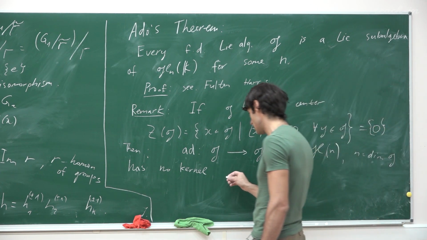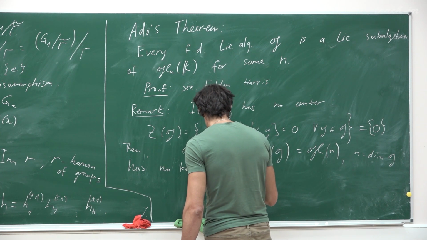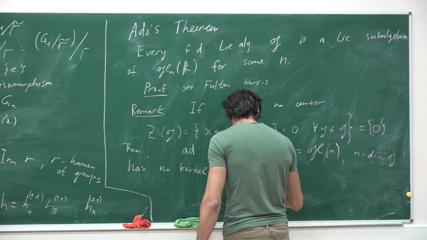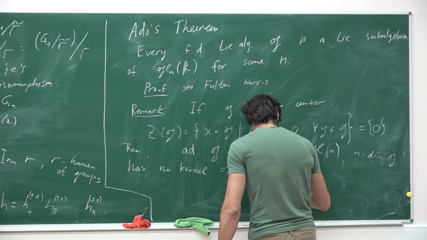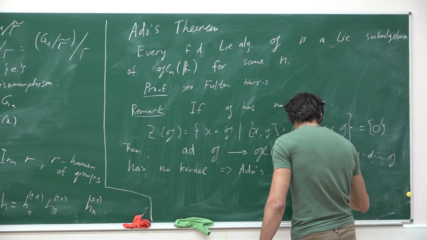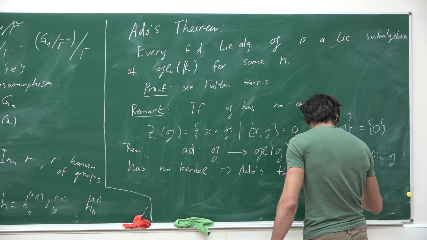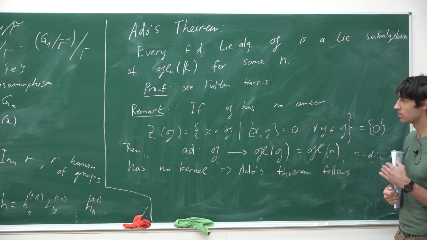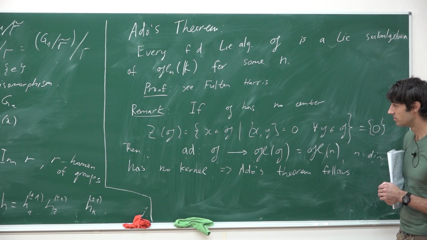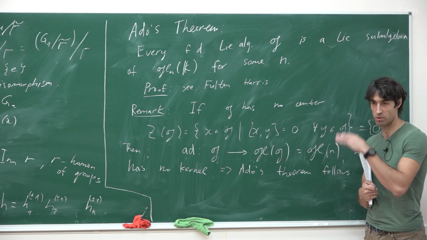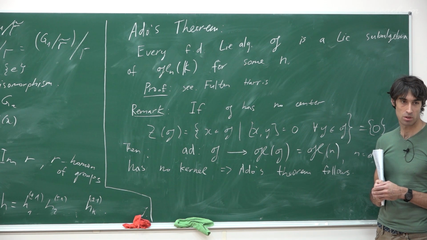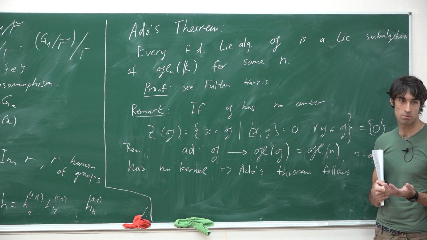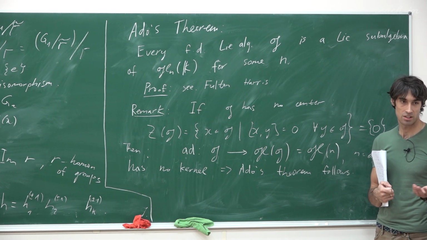Right? So Ado's theorem is false in general. And this will actually be enough almost for all examples that we'll see, because we'll work a lot with semi-simple Lie algebras, and they don't have a center.